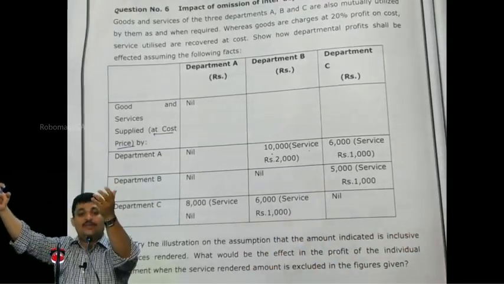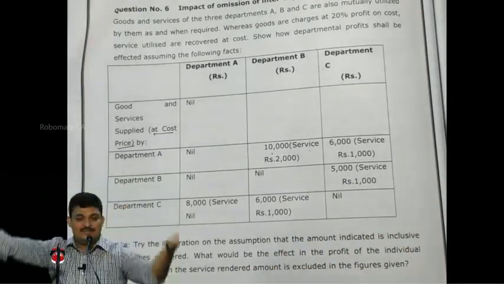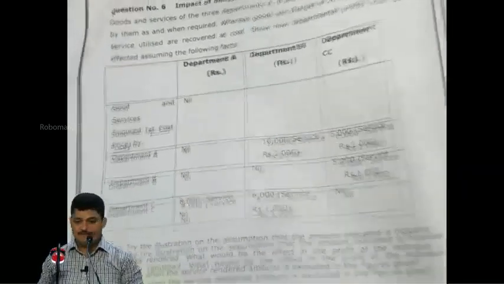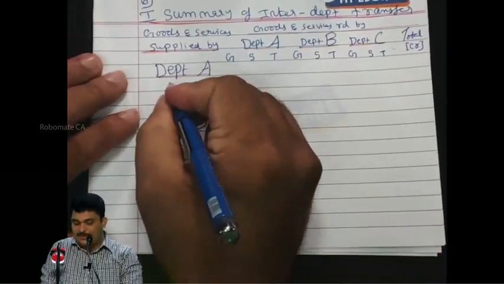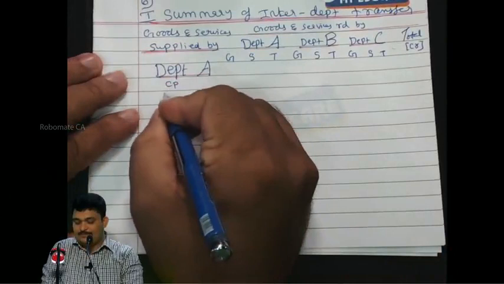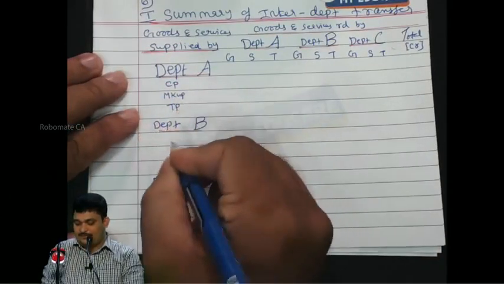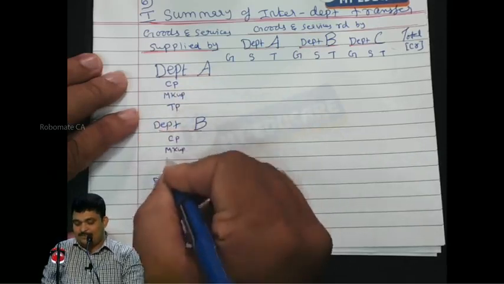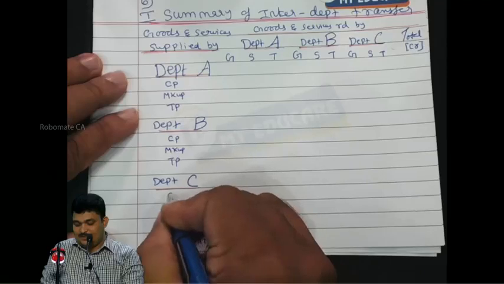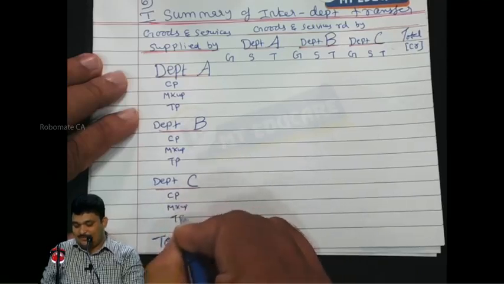Add 20%, you will get transfer price of goods. Add the service, total transfer. That is why I told you it's only a presentation requirement. Cost price, markup, transfer price.